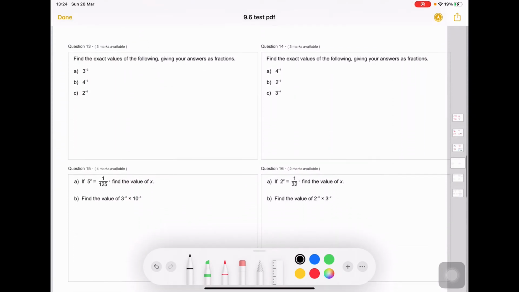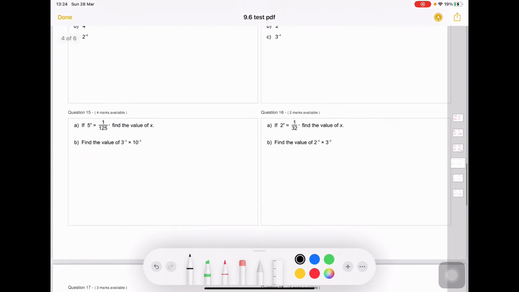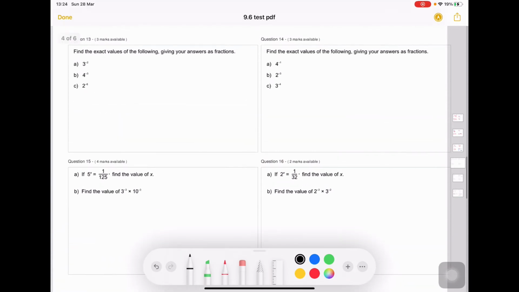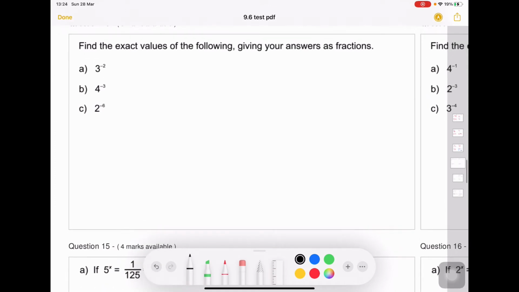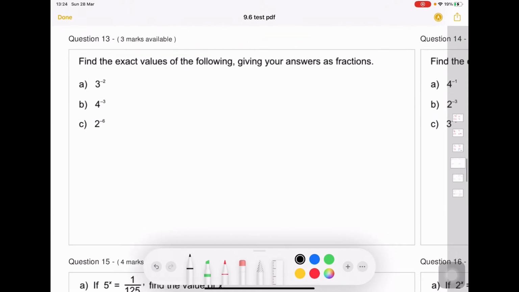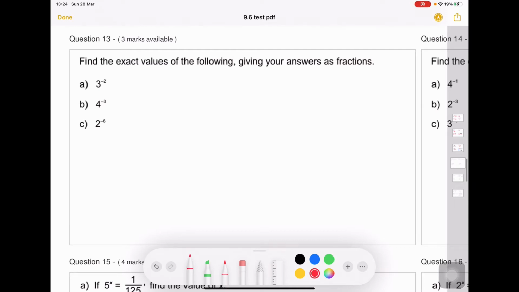Moving on to negative indices. I'll zoom in again because the indices are quite small. So 3 to the negative 2. Remember the effect of this negative here, this minus sign.